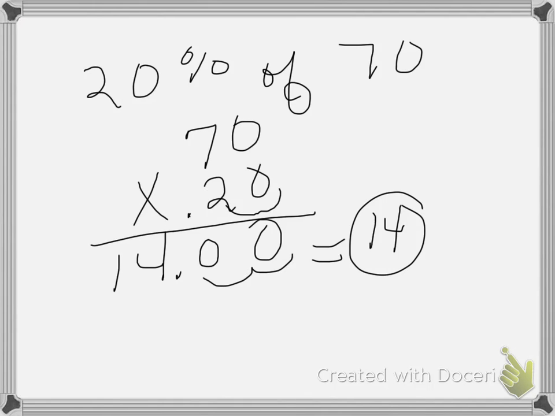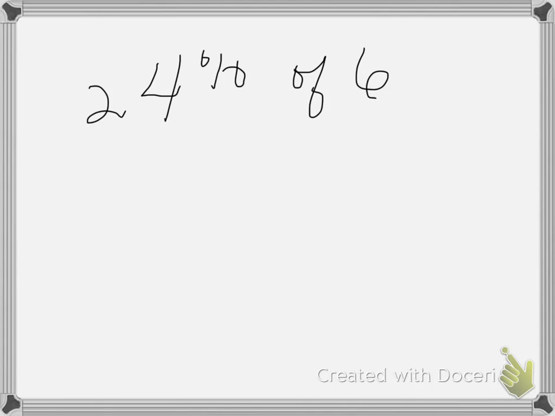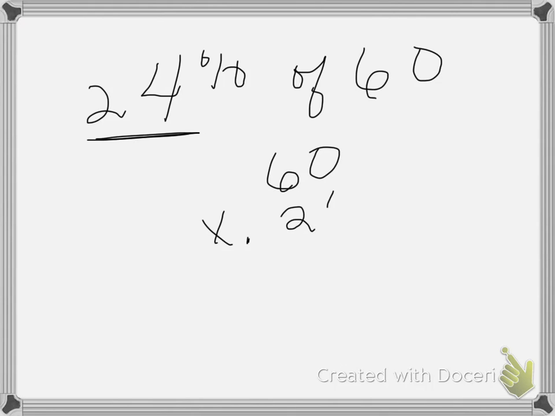And one more if you estimate. So if you were to estimate 24% of 60, what is 24 closest to? It's closest to 20. So if we were to estimate that, we would multiply 60 times 0.20. So we're just estimating. You can go 0.2.